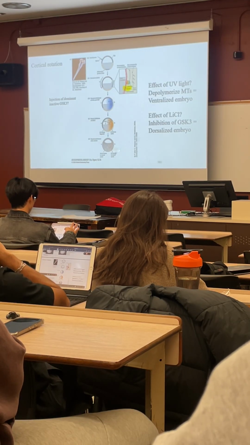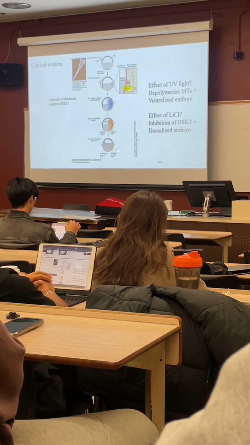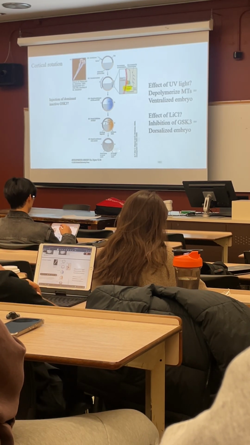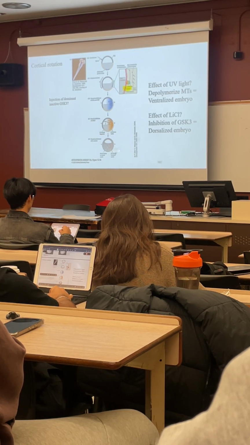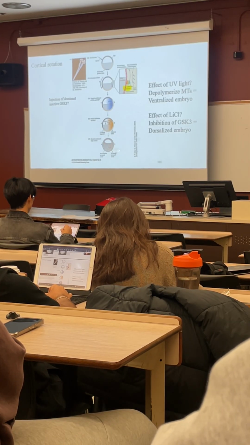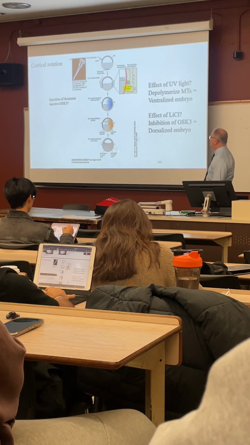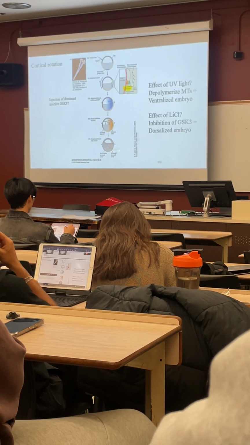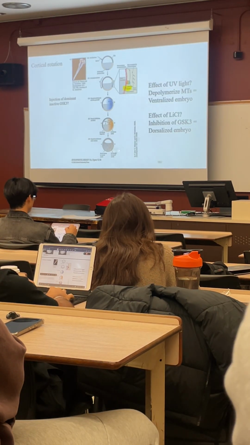The amount that disheveled moves is actually more than the cortex, and that's because disheveled is also actively being transported. So not only is kinesin moving the cortex, but kinesin is also actively moving disheveled. So the amount kinesin moves is actually more than 30 degrees, it's probably more like 45 degrees, but regardless. This makes sense? Okay, so now you have disheveled, and it's localized opposite the sperm entry point.